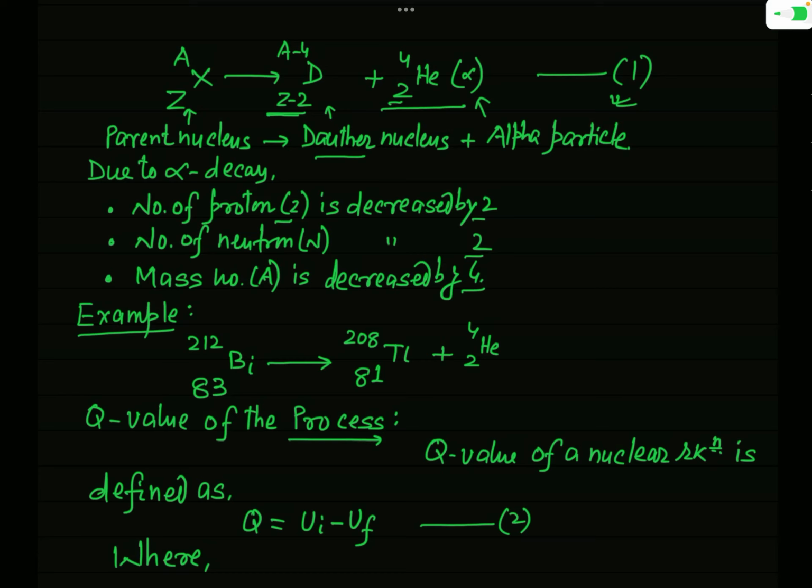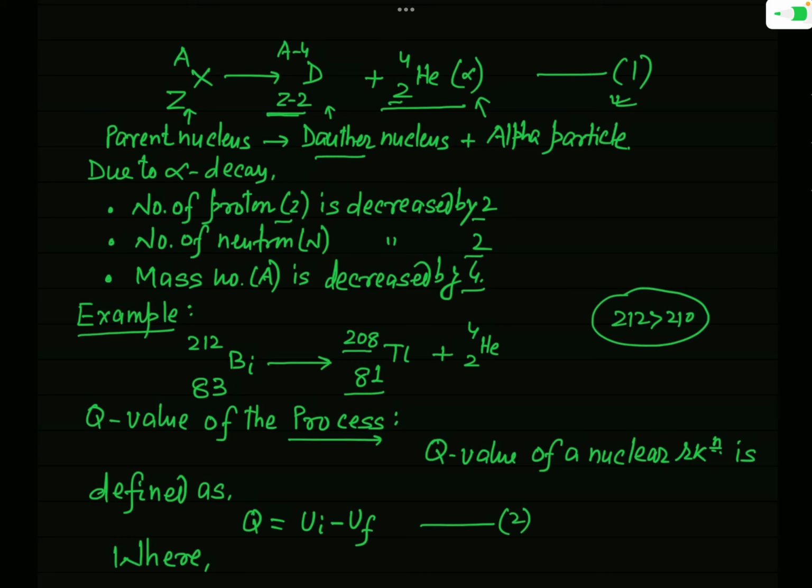For a proper example, you can take the example of bismuth 83-212. This bismuth has a mass number 212, and this 212 is greater than 210. So this may suffer the alpha decay process. And when it suffers alpha decay, we get the daughter nucleus thallium. Thallium has 81 protons and mass number 208.